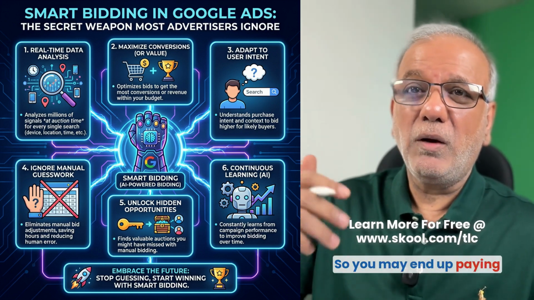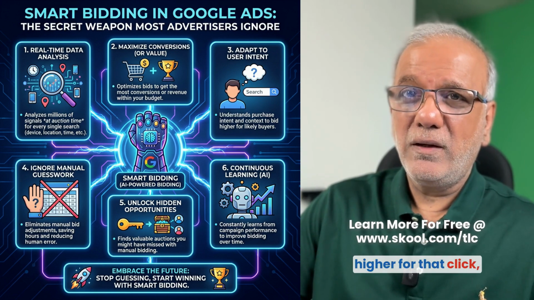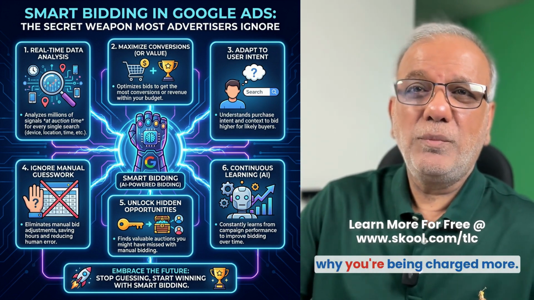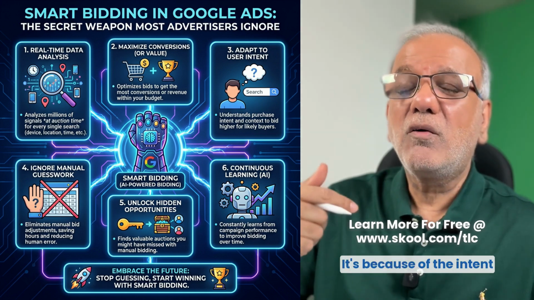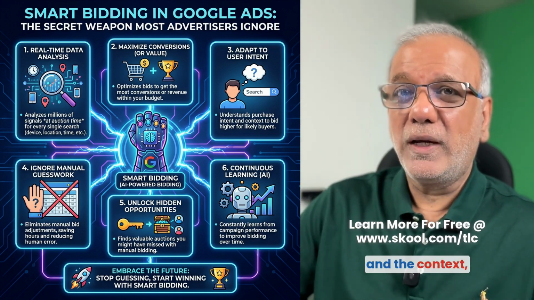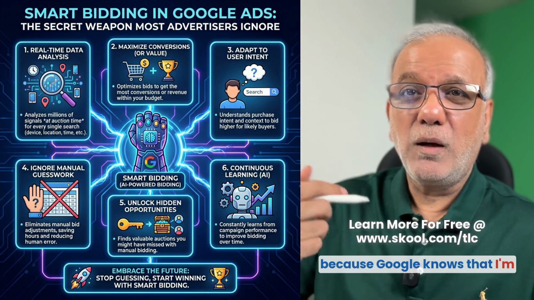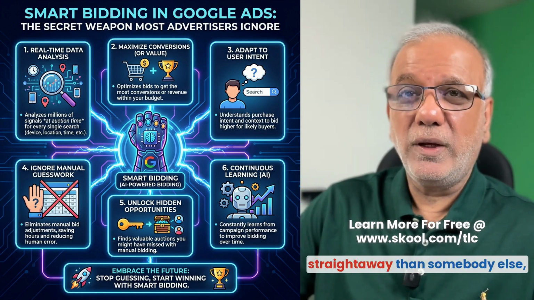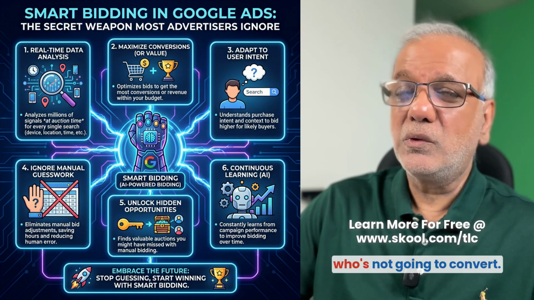So you may end up paying more for that click, and you might wonder why you're being charged more. It's because of the intent and the context, because Google knows that I'm more likely to convert straight away than somebody else who's not going to convert.